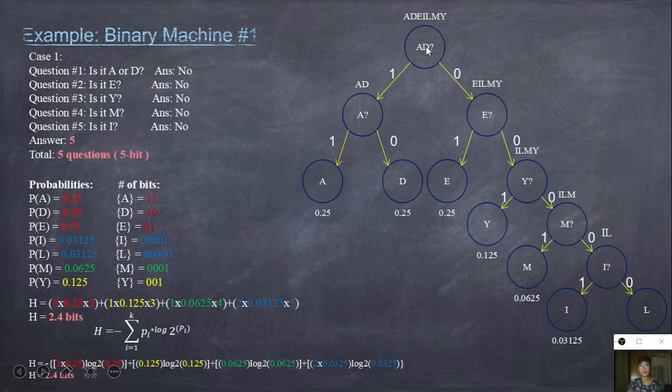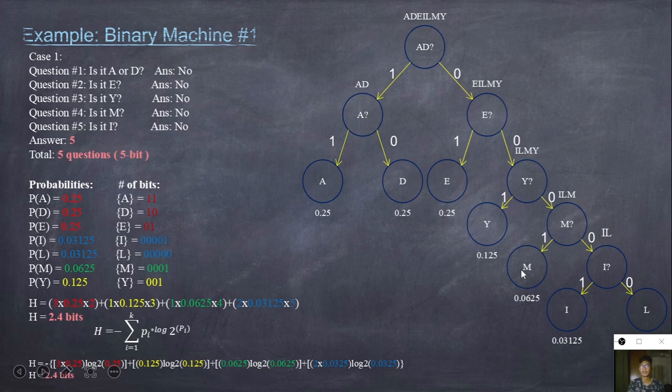So let's go to this part. It has an outcome of no. Is it A? For the yes we predicted E. For the no, is it Y? If yes, we predicted Y. And for no, or 0, is it M?